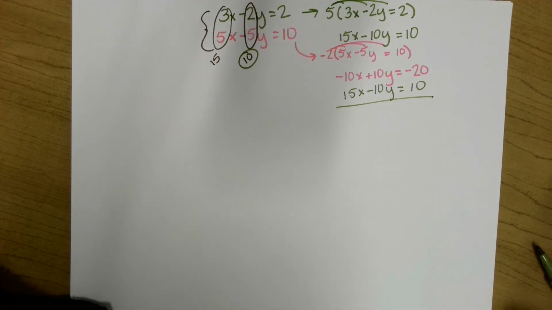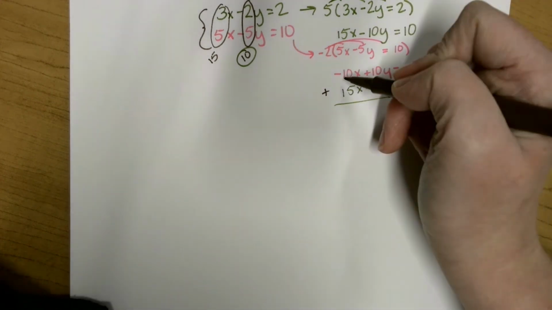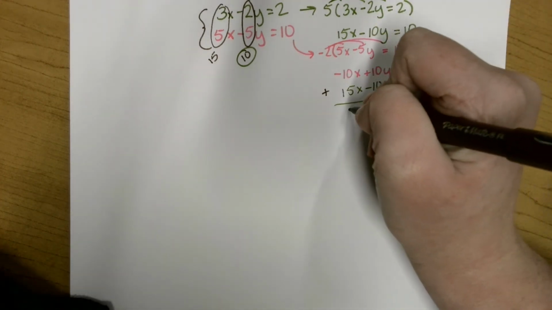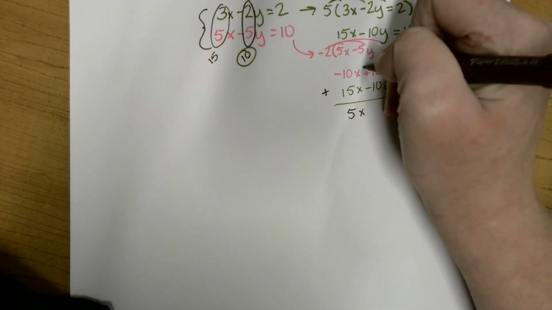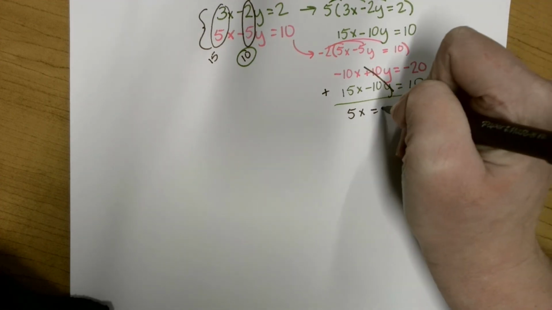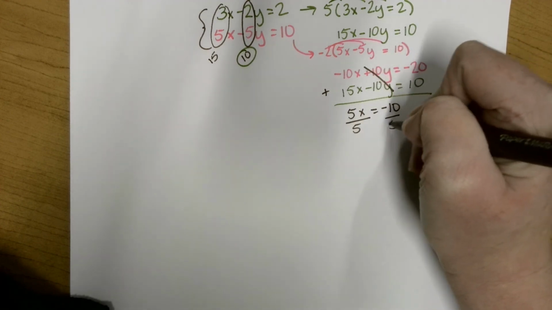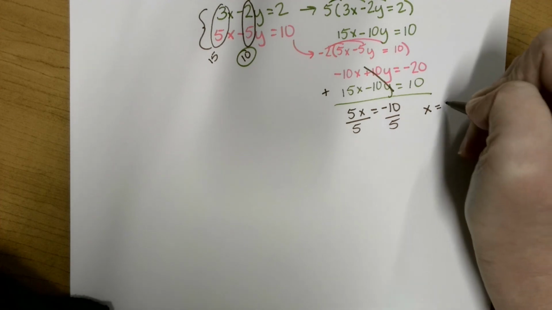Okay. All right, so now it should be easy enough to do. We're going to add our equations together. So -10x plus 15x is 5x. -10y plus positive 10y cancels. -20 plus 10 is -10. Let's divide both sides by 5. X is equal to -2.